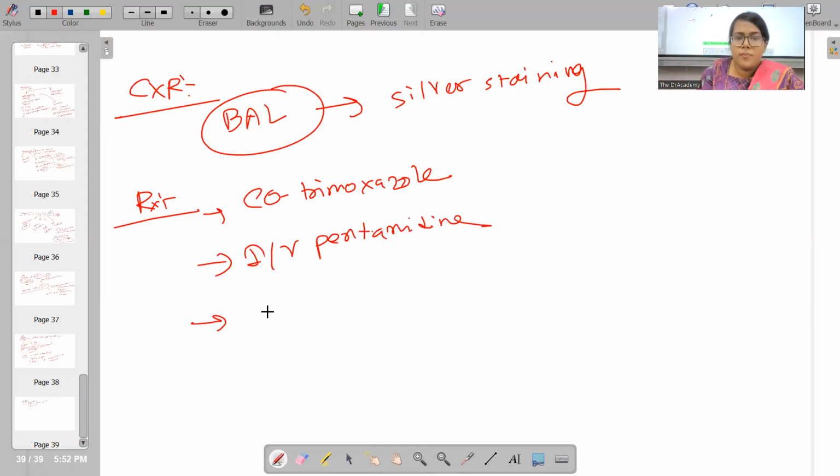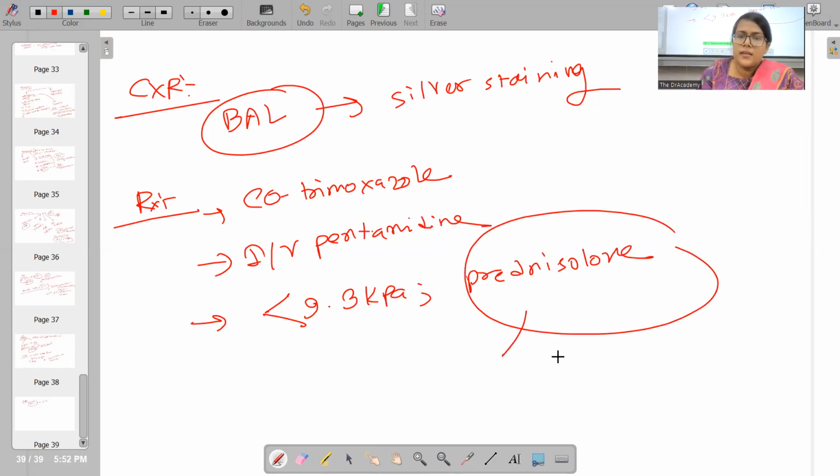However, if the patient is hypoxic, meaning that the partial pressure of oxygen is less than 9.3 kilopascal, in that case, systemic steroid or prednisolone is given, because it improves the mortality and reduces the death rate by one third, okay? Prednisolone is quite important in hypoxic patients.